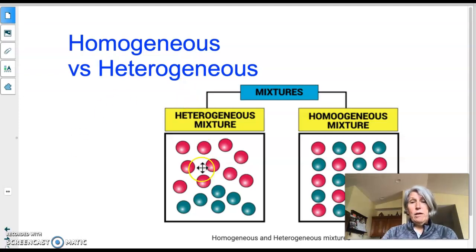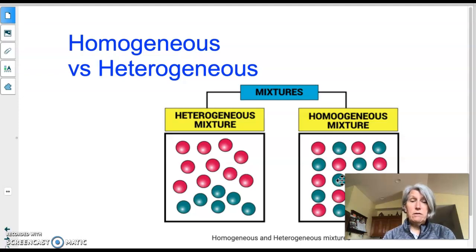In a heterogeneous mixture, you'll notice that there's a layer of one type of component versus a layer of another. In a homogeneous mixture, the picture has the components evenly intermingled. And these are mixtures that exist in our everyday life.